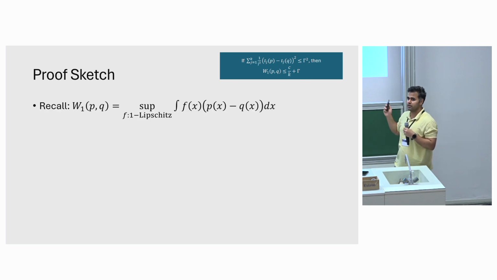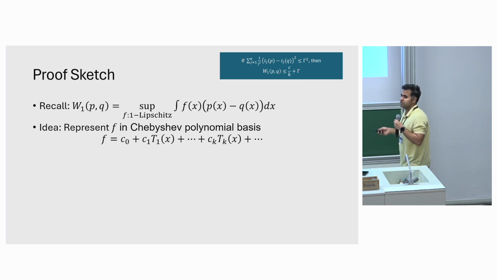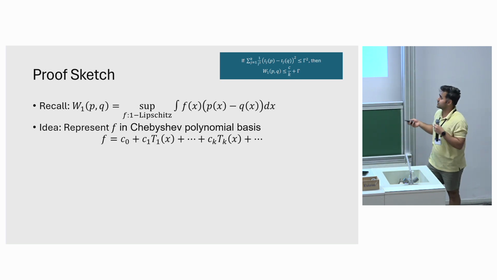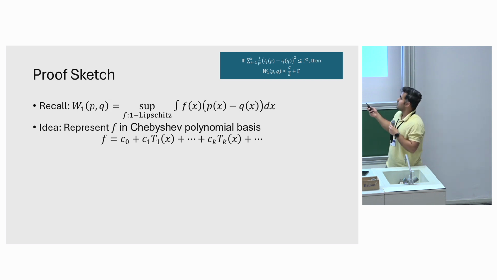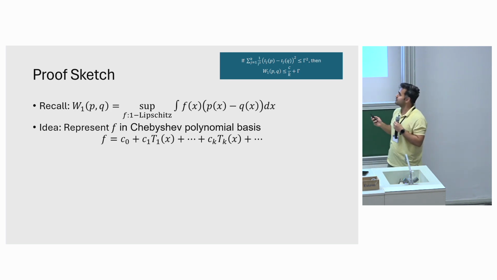So let's recall the definition of Wasserstein distance. The main idea is to represent this 1-Lipschitz function f as a sum of Chebyshev polynomials. So it's an infinite series, and you can represent that.